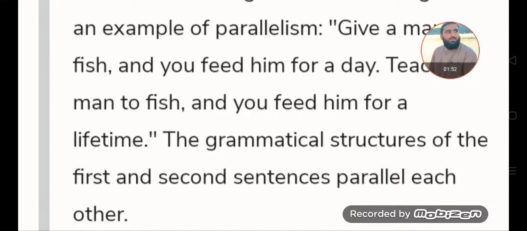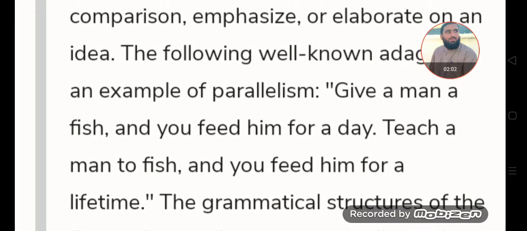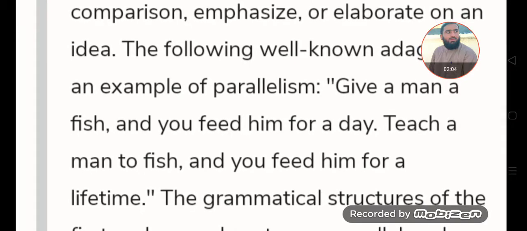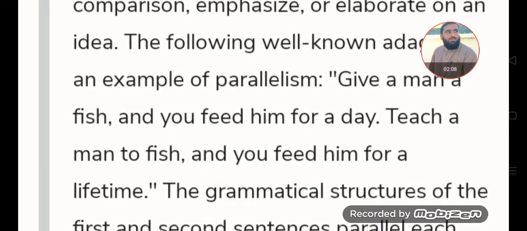The grammatical structures of the first sentence and the second sentence are parallel to each other. So there is parallelism in these sentences: give a man a fish and you feed him for a day; give is replaced with teach, and a day is replaced with a lifetime.